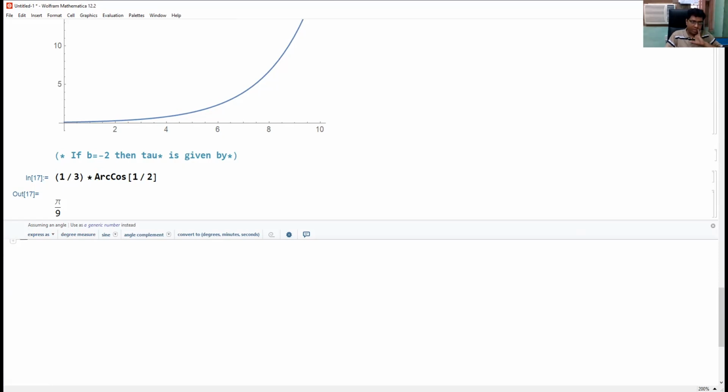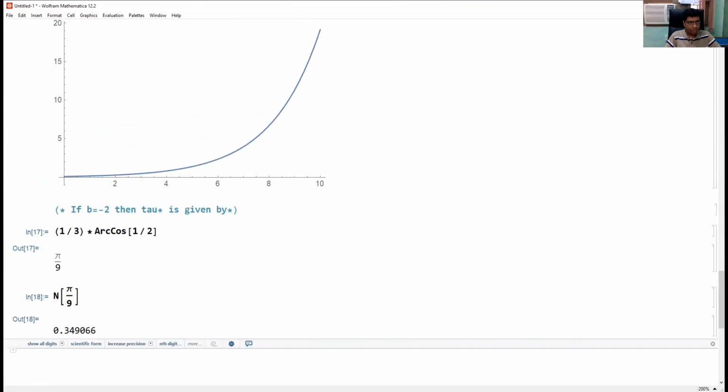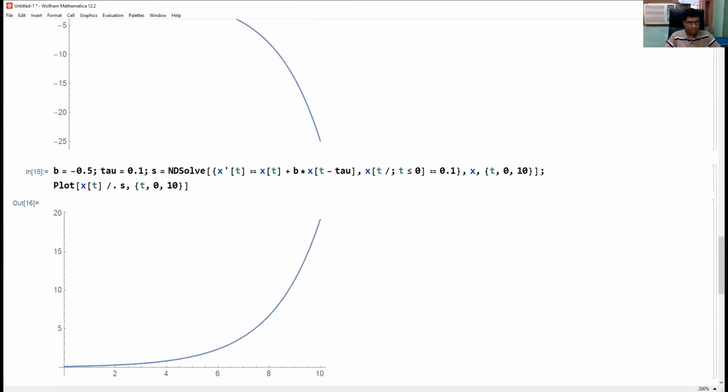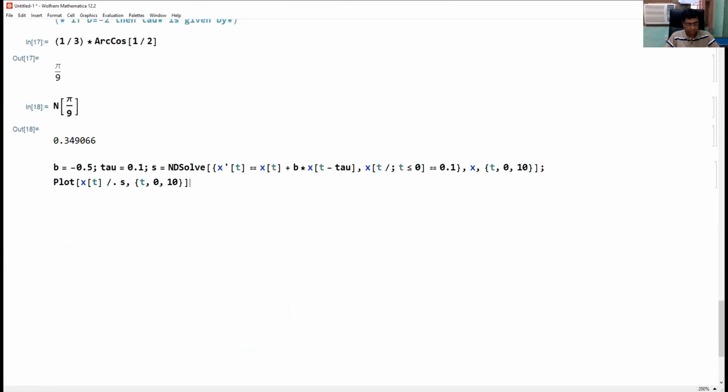So what is numerical value of pi by 9? Let us see. N of pi by 9. Approximately 0.349. So let us solve.